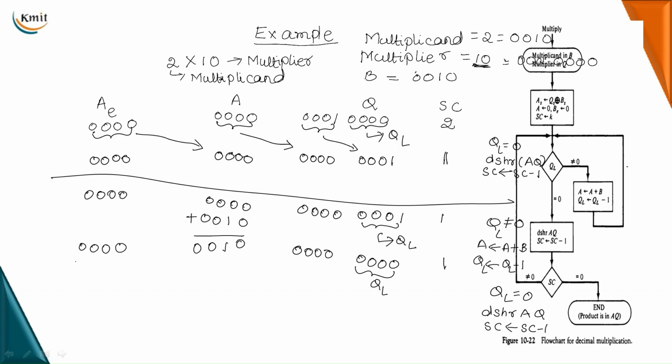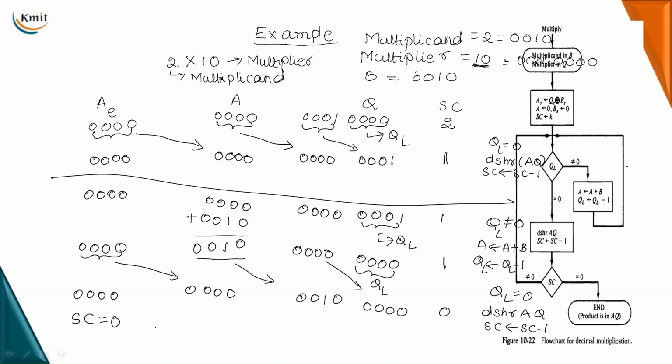All these bits are shifted towards the right: A becomes 0000, the next bits become 0010, and these shift here as 0000, and the sequence counter becomes 0. Since the sequence counter is 0, AQ contains the result.